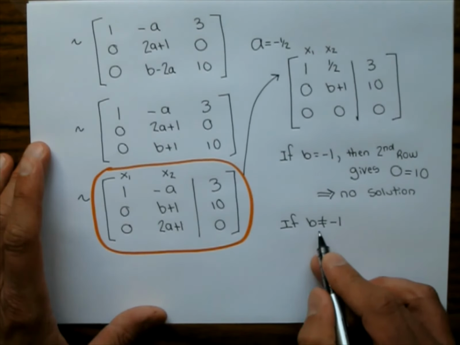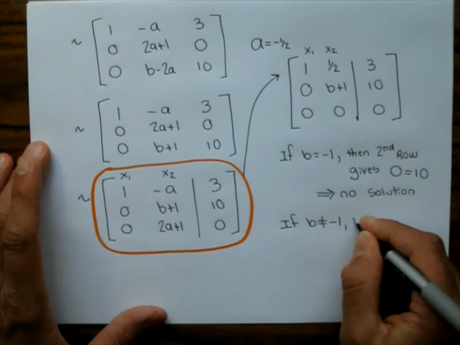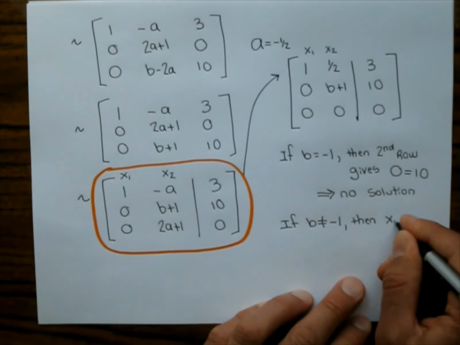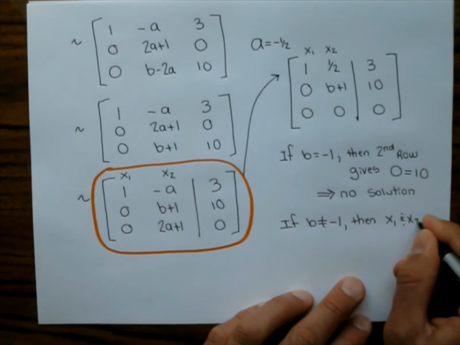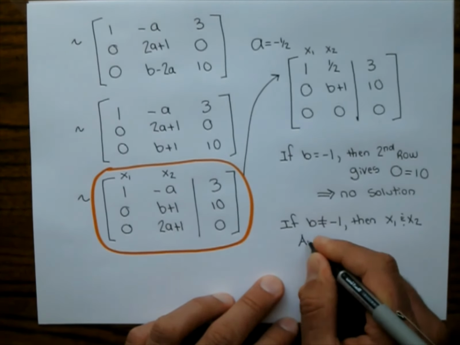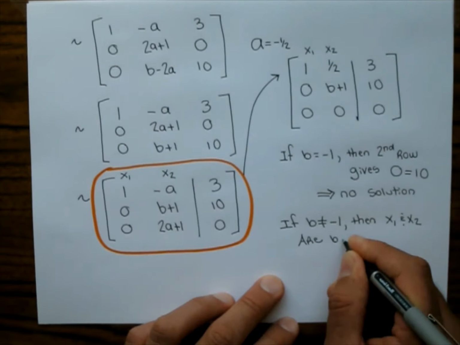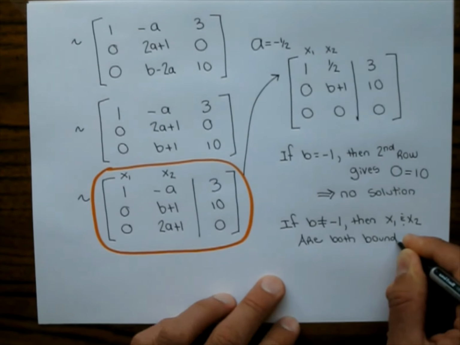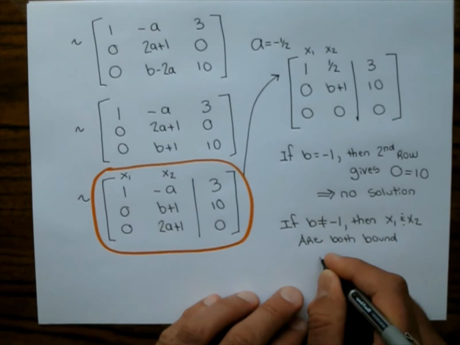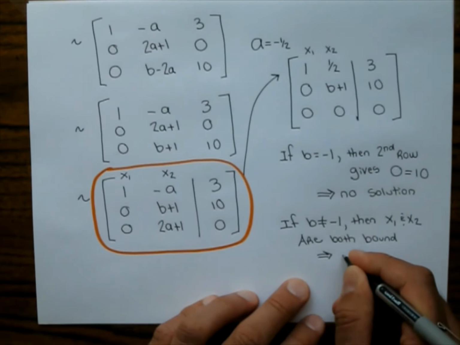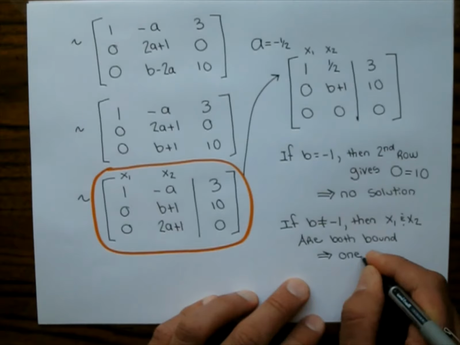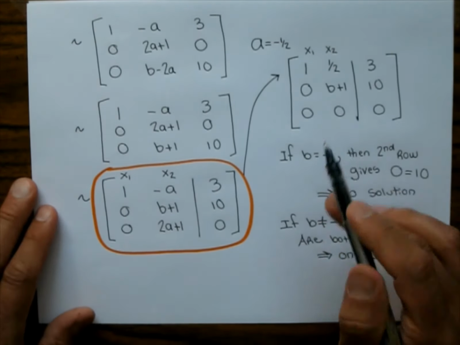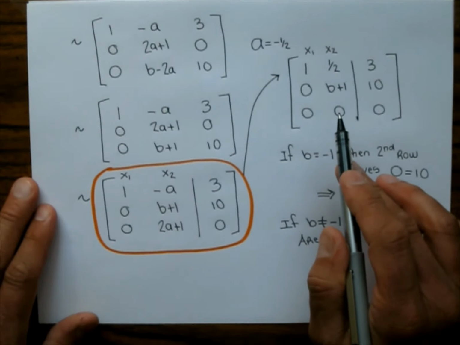So let's say if b does not equal negative 1, then x1 and x2 are both bound, and therefore we would get one solution. I know this is, we're going to go ahead and spell this all out at the end.